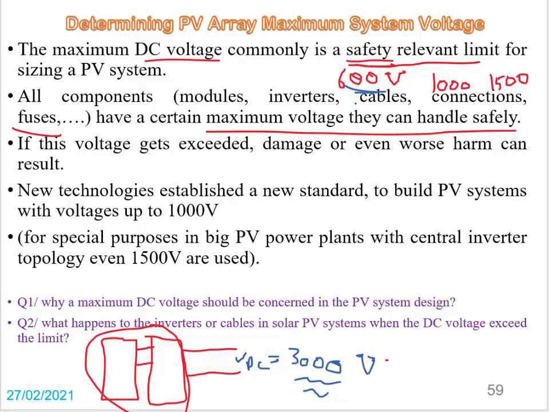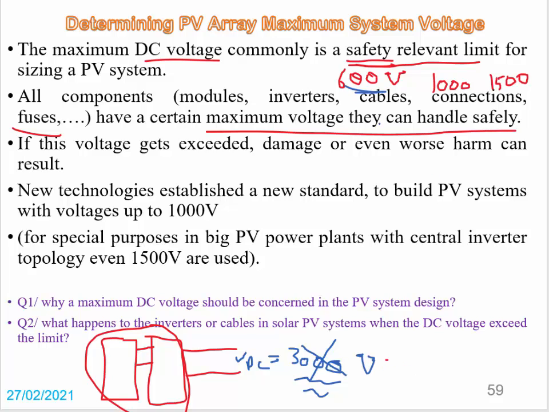So here we have two problems. The first problem is relevant to safety, and the second problem is concerned with the components. We have a problem with the inverters or cables. The inverters or cables maybe cannot handle this high voltage, so we should not use such a large voltage.